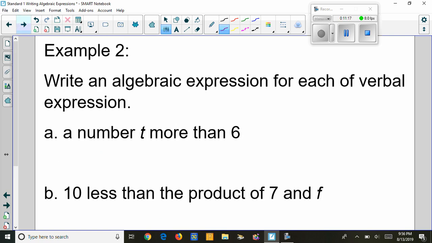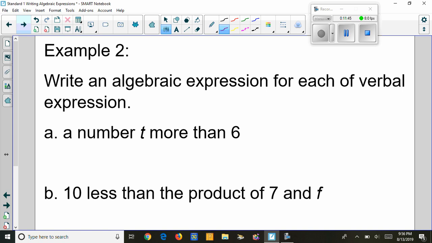Next up is if I give you words or a verbal expression, you can translate it into an algebraic expression. One of the things I'm going to use with this is we have a problem-solving technique called cubes. And with cubes, we have to circle, underline, box, eliminate some pieces, and solve.